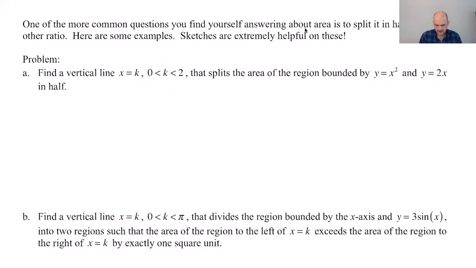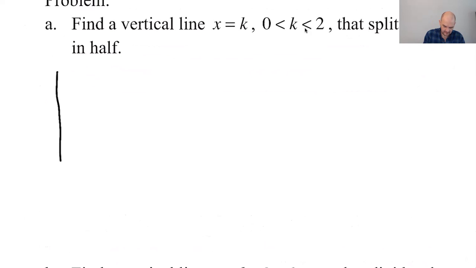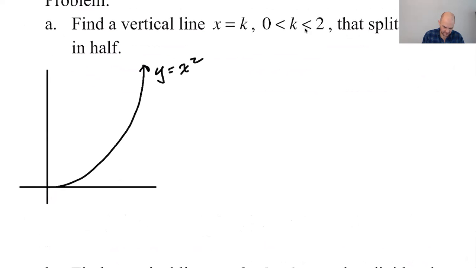All right, so let's start off with a picture and get a sense of what we're talking about. I waited for it to become a line and then I didn't make it a vertical line. Okay, so x squared, maybe like this. And then y equals 2x, maybe like this.